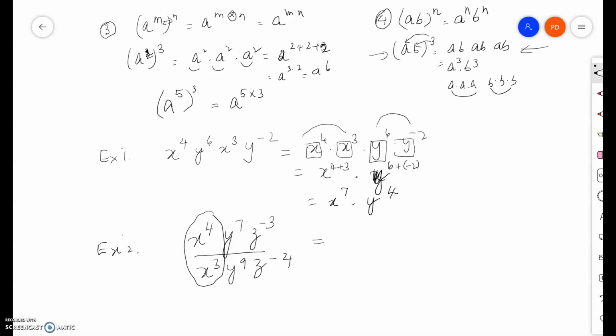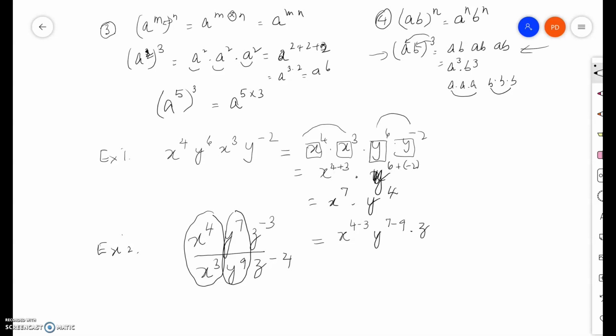So these two, the bases are the same. So x to the 4th divided by x cubed is x to the 4 minus 3. Now y is the base, so it's y to the 7 minus 9. So for division of exponential terms with the same base, we subtract the exponents: the exponent of the numerator minus the exponent of the denominator.